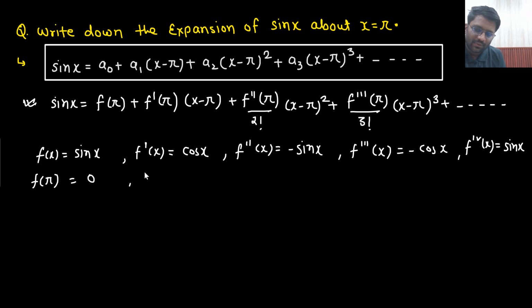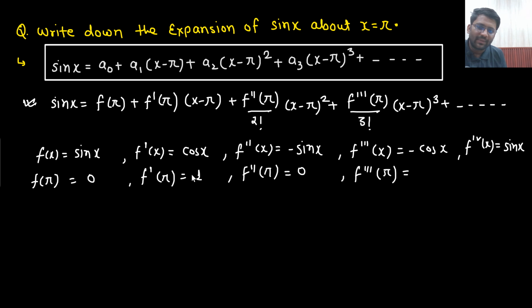Sin pi will be 0, cos pi will be minus 1, sin pi will be 0, cos pi is minus 1, so this will become plus 1, and then this will be 0.